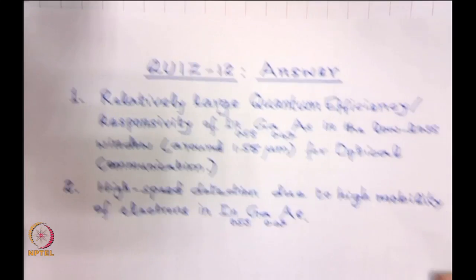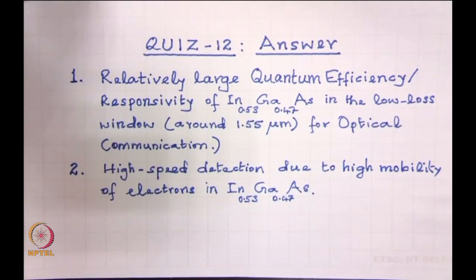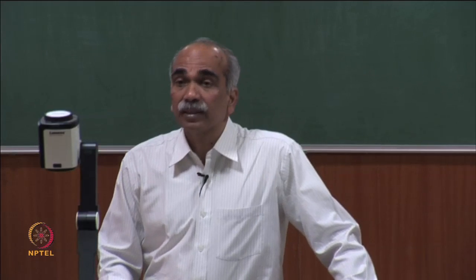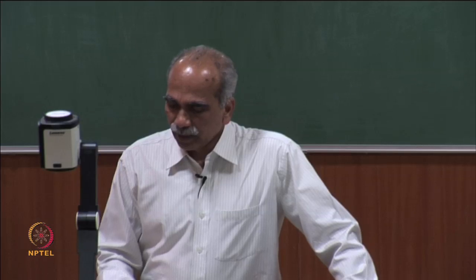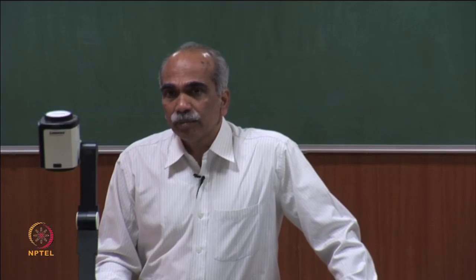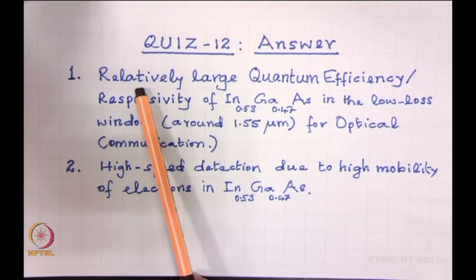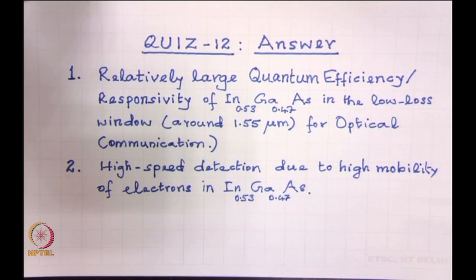of course any two. So, you have several advantages and several reasons why one uses indium gallium arsenide, but the most important reason is that indium gallium arsenide has a relatively large quantum efficiency or responsivity in the low loss window, that is around 1.55 micrometer, for optical communication.